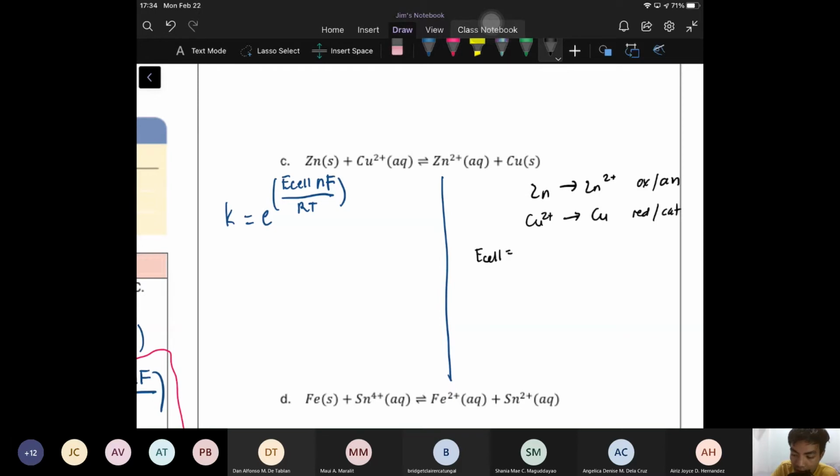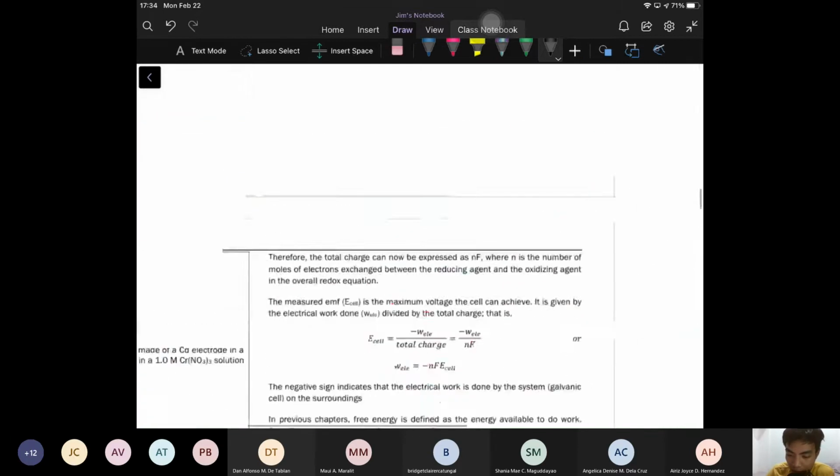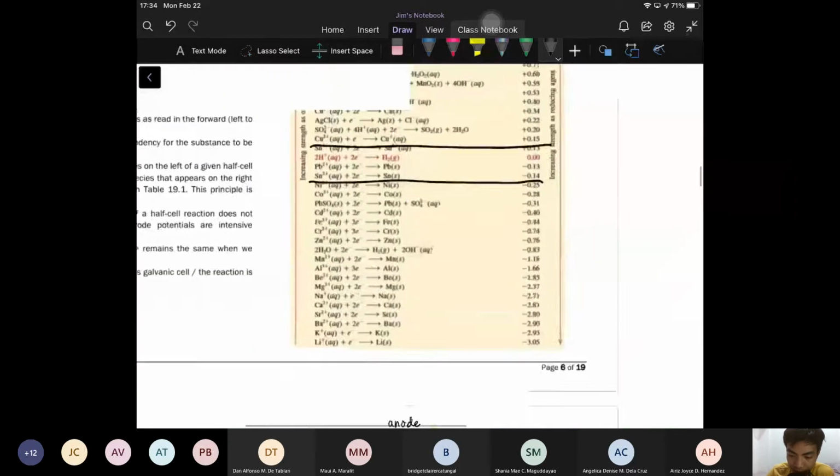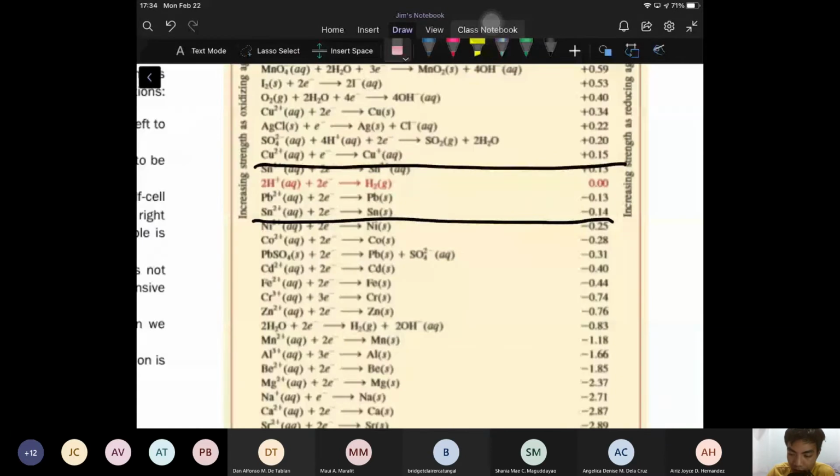So, E cell equals E cathode minus E anode. Okay? Hanapin sa table. Na-solve na ba natin to? Feeling ko na-solve na natin to. Kunwari na lang hindi pa. So, sa cathode, we have the copper, 2 plus copper. Hanapin sa table.